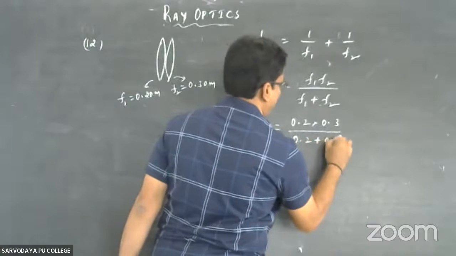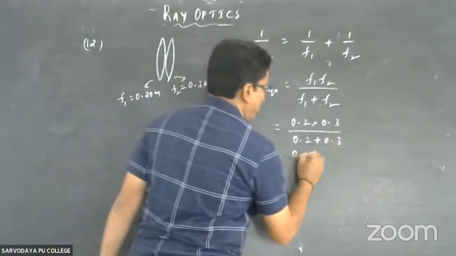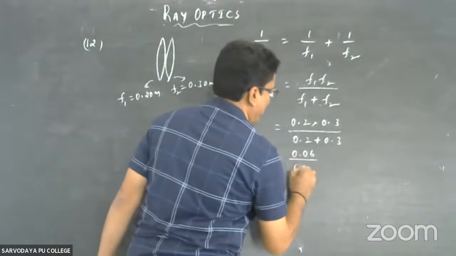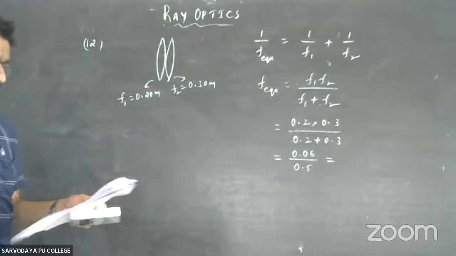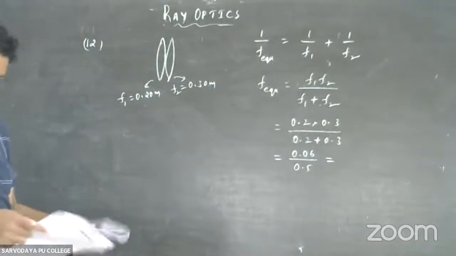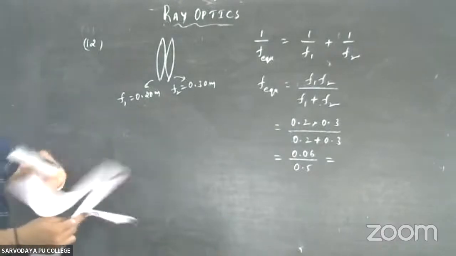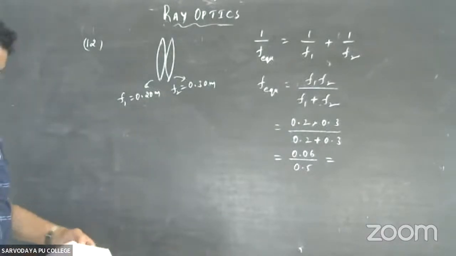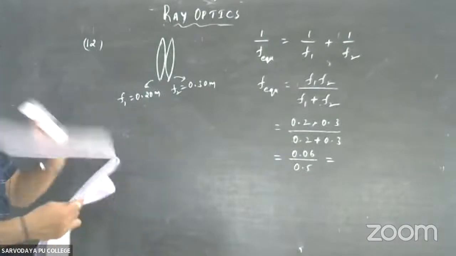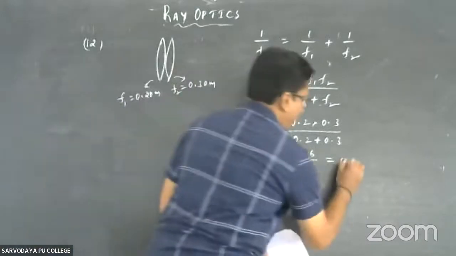Therefore, it is 0.06 by 0.5. Therefore, 0.12 meter.